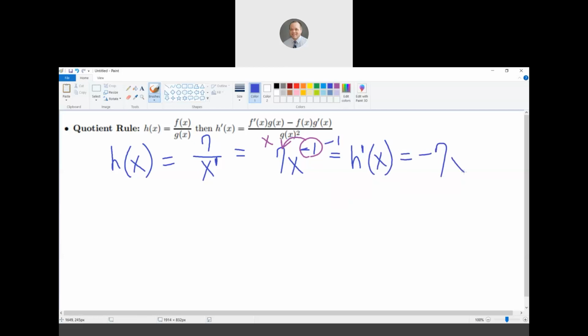When we do that, we get x to the negative 2 power. All you have to do at this point is change the negative exponent back to a positive one, and you got your first derivative. So that would be negative 7 over x squared.